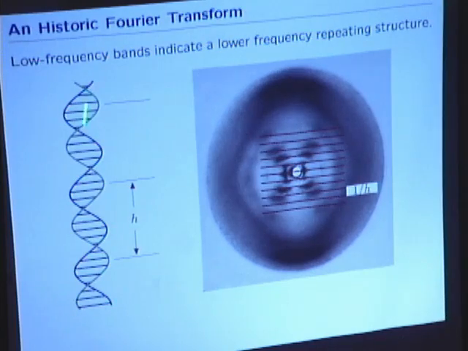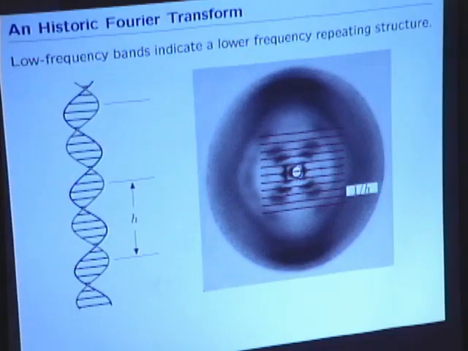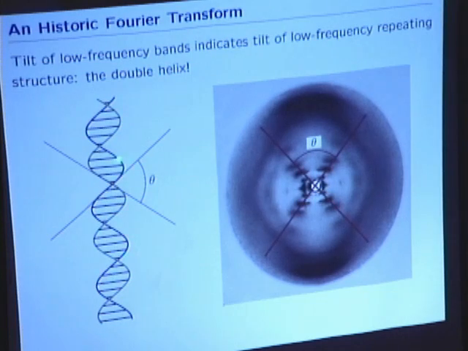This is a modern picture, and it fits very nicely with the picture that Rosalind Franklin made. And the angles, the fact that there's an axis here, the reason for going through all this was to motivate the idea that there's an angle transformation in a two-dimensional transform too.